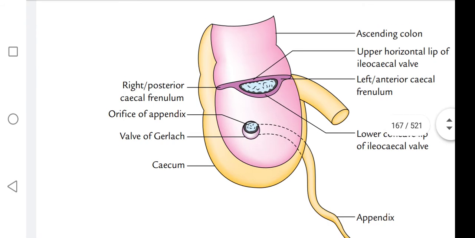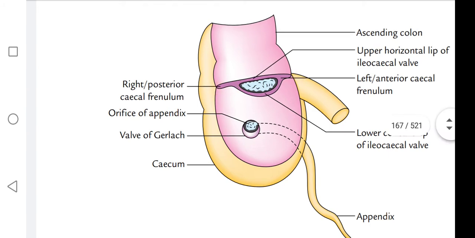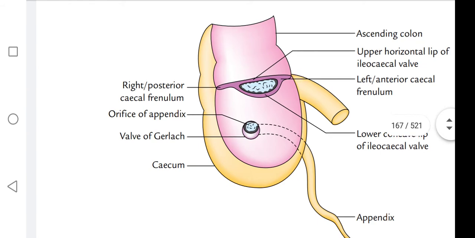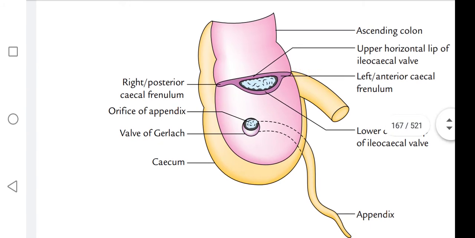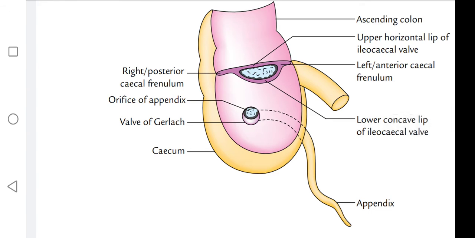Both are joined at the ends and form the cecal frenula on both sides. The right is also called the posterior cecal frenulum and the left the anterior cecal frenulum. Both act as sphincters of the ileocecal orifice.